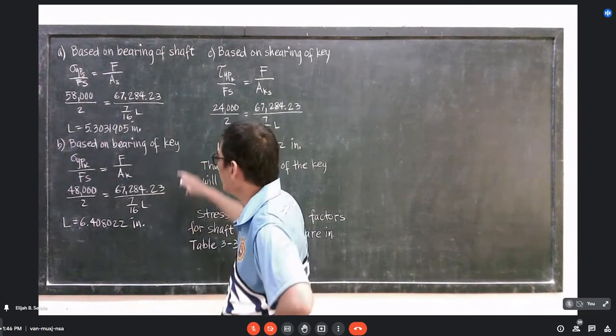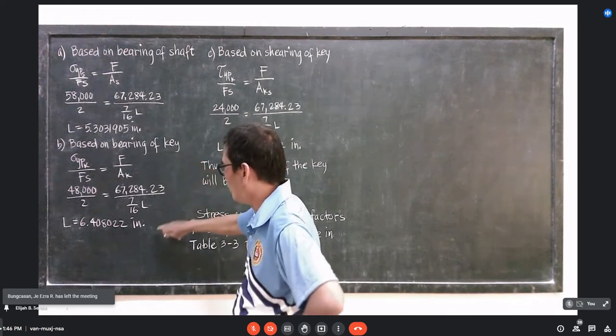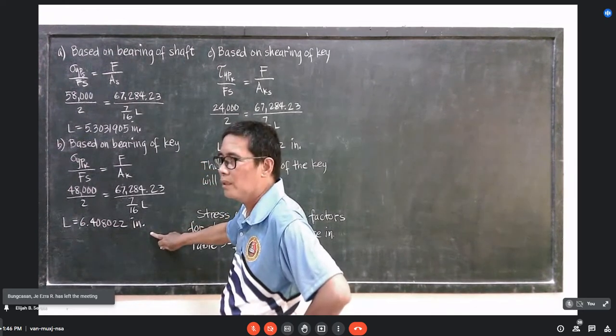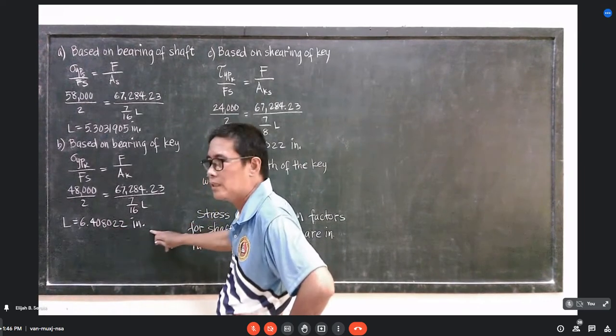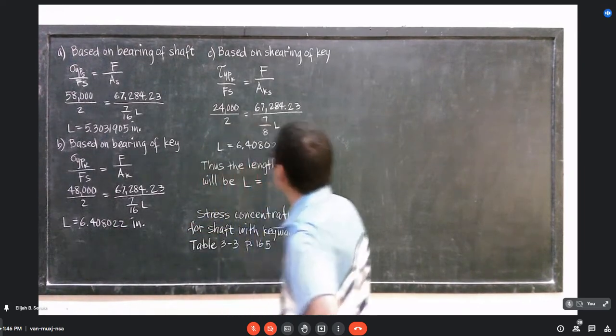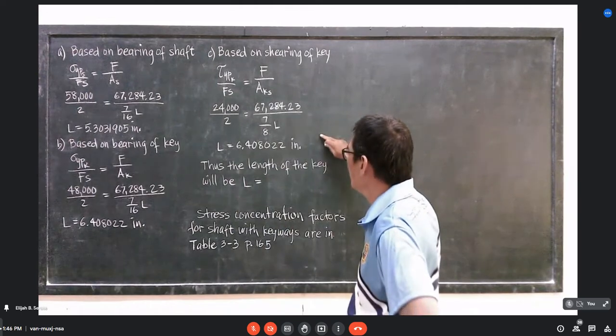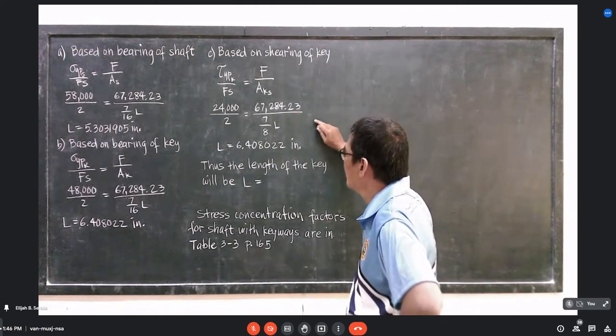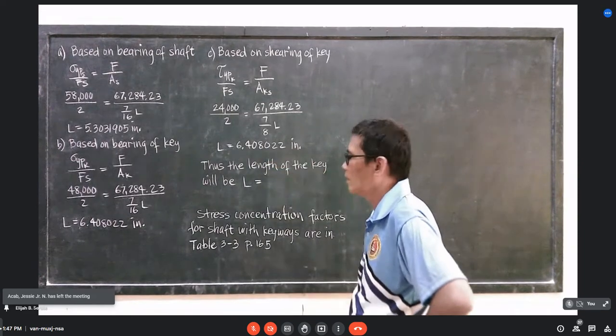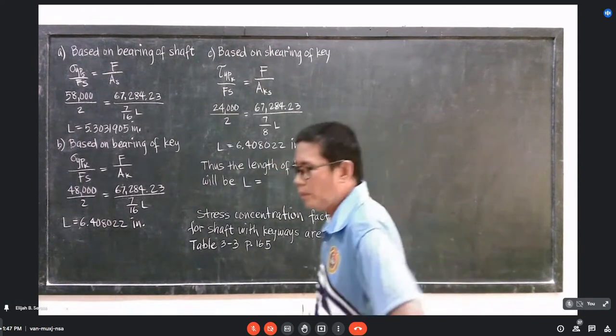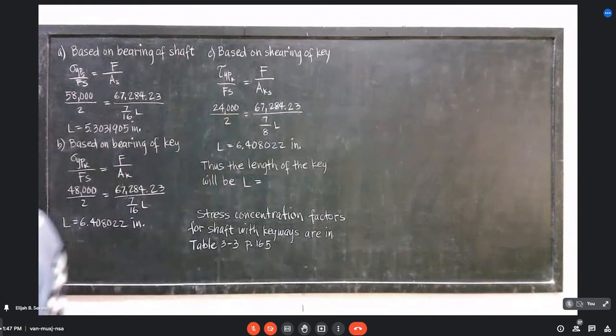If you base it on the bearing of the key, it will also require a length of 6.408022 inch. And if you base it on the shearing of the key, it will be 6.408022. The question is, what should be your final length of the key?